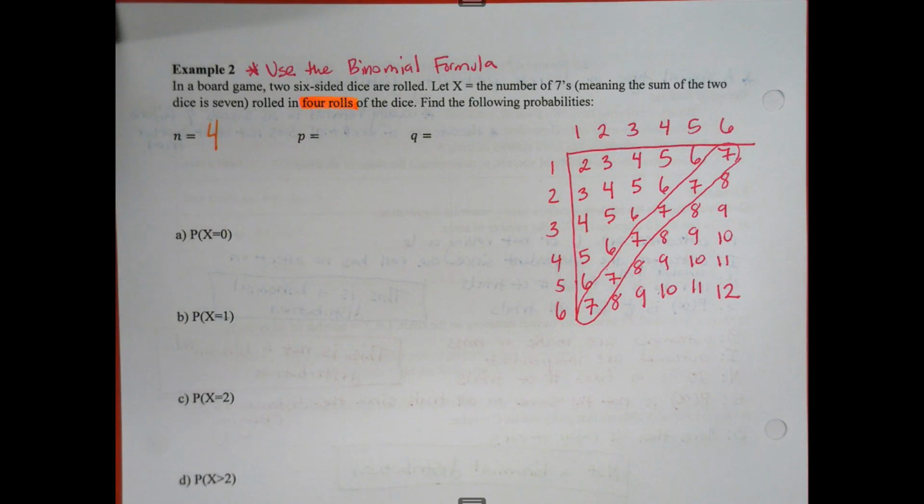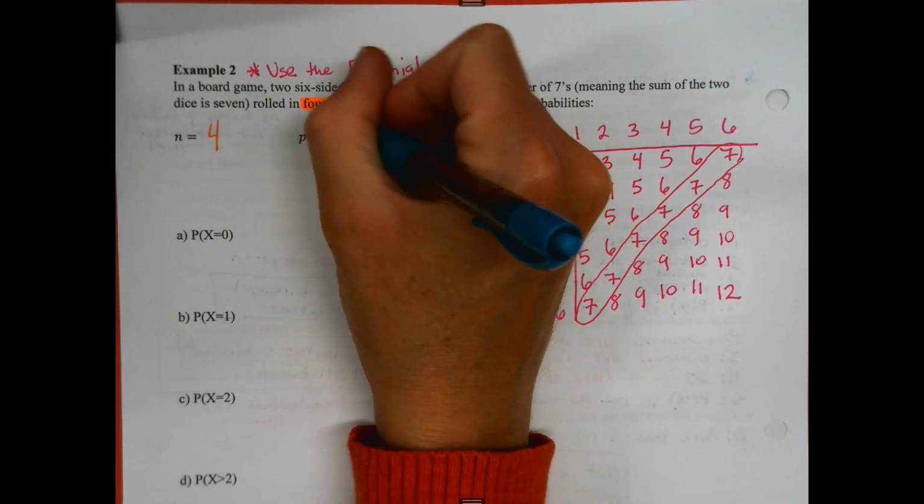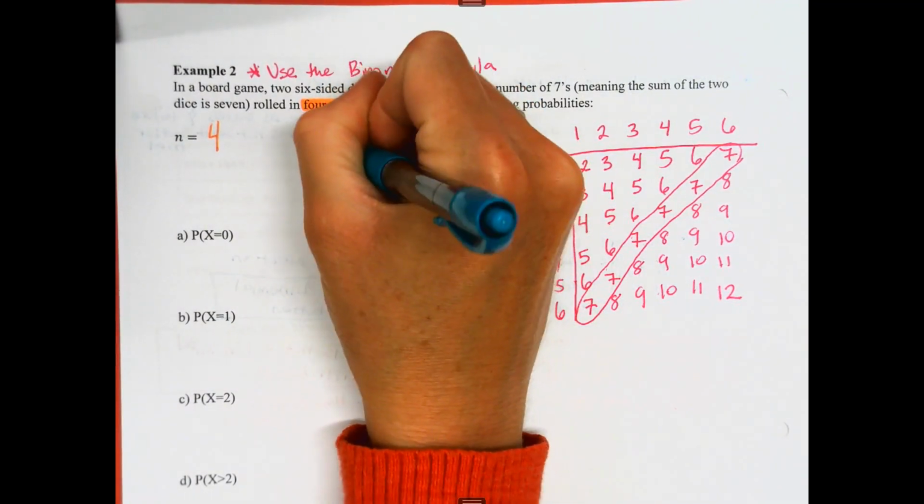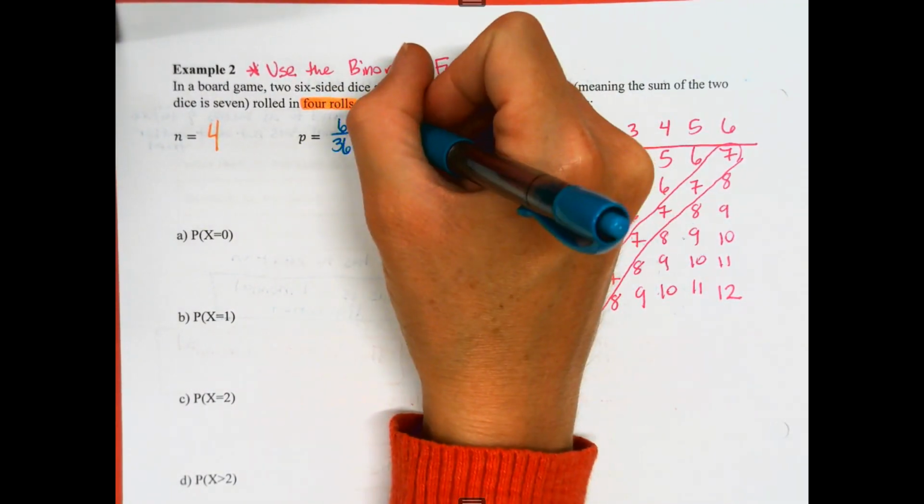What is our probability of success, or our P? Well, the probability of rolling a sum of 7 is 6 out of 36, or we could reduce and write that as 1/6.